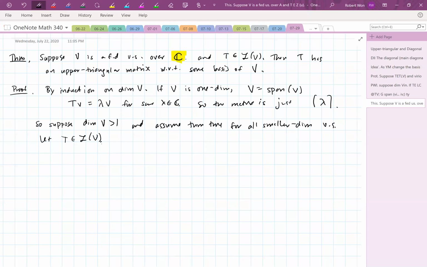Okay, but now, since T is a linear operator on a finite dimensional vector space over C, it has an eigenvalue. Here's where I'm using that our vector space is over C. So by a previous theorem, T has an eigenvalue. Let's call it lambda.